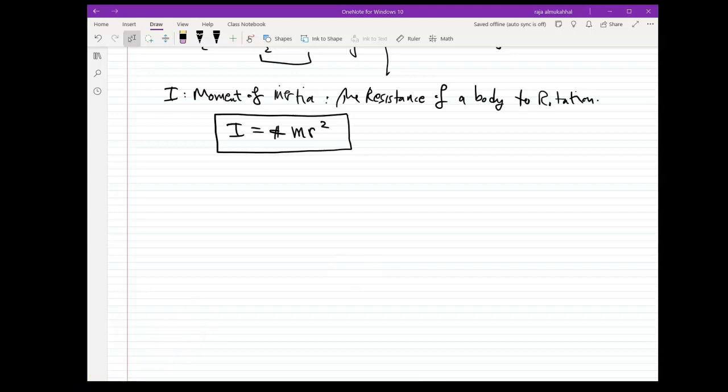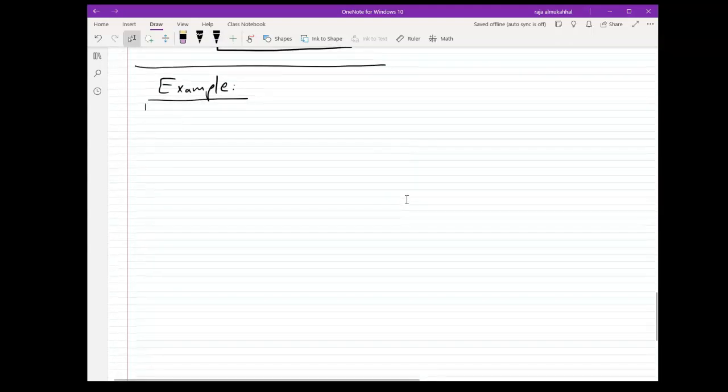Let me show you an example from the book on how to apply all these ideas. Go to example 12.4.